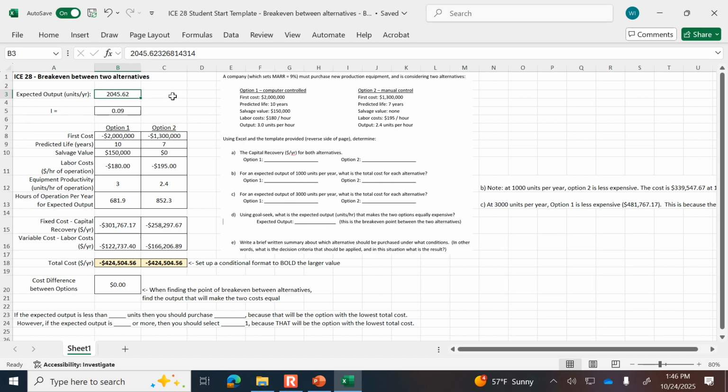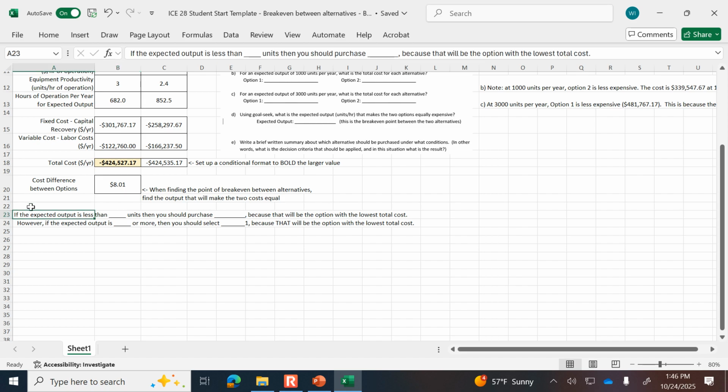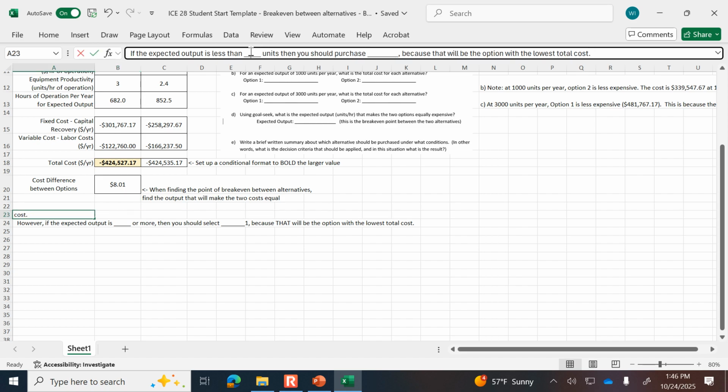2,045.62 units. We can't make a fraction of a unit, so we just go to the closest one, which is 2046. So they're approximately equal if you're making 2046. And so down here, let's fill this in. If the expected output is less than 2046, then you should purchase option 2.